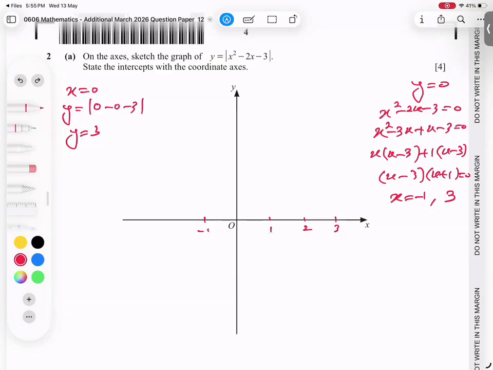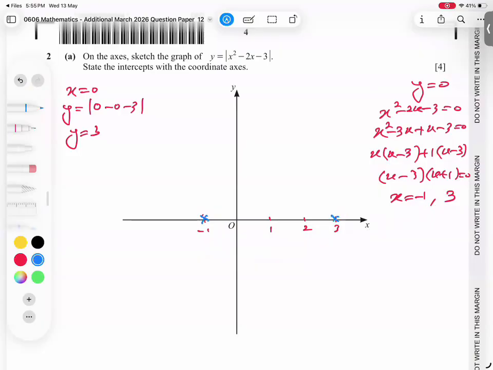Against x equals 0, y is 3, so basically it's coming negative 3. Negative 3 means it is below. If I don't consider the modulus, it is negative 3. So first I'll draw a rough one, then I can make it accurate. First of all, this is negative 1. I make a mark here, and 3 comes from here.